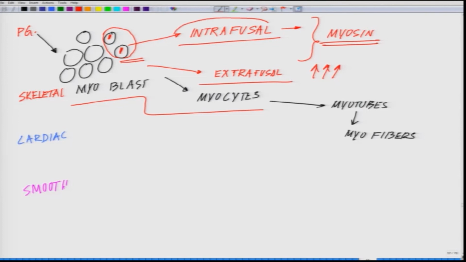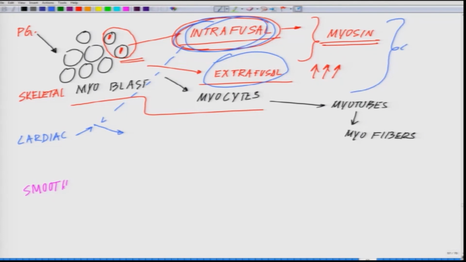The myosin subtype of these intrafusal fibers is very similar to the myosin of cardiac muscle. We will come later into what kind of myosin is present there. But the myosin chains of the intrafusal fiber are entirely different as compared to the extrafusal fiber within the skeletal muscle.